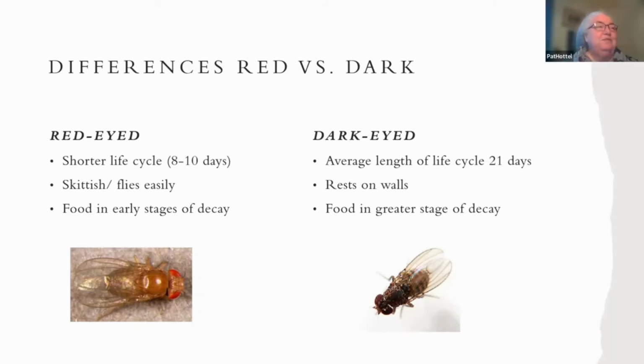One of the reasons that we see dark-eyed fruit flies more in floor drains and deteriorating floors is because of that. And if you think about that, you're not getting a banana in a drain. Hopefully not. It's food in a greater stage of decay.